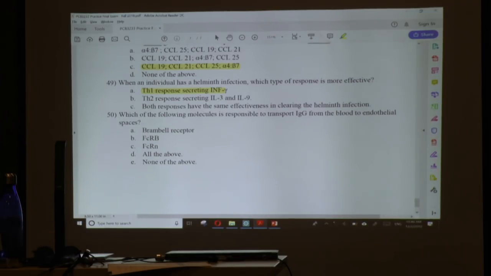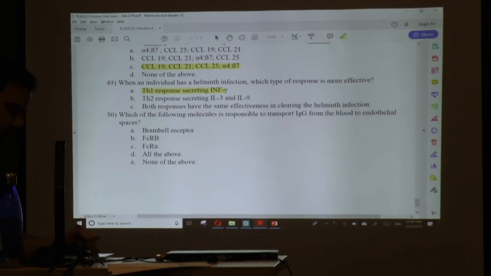Because remember, Th1 responses will allow you to secrete mucus and activate eosinophils that are really good for parasites. They'll be able to activate macrophages without activating inflammation. So it's all things that will not damage your GI tract, whereas a Th2 response activates an inflammatory response, and it's just more damaging to your GI tract.